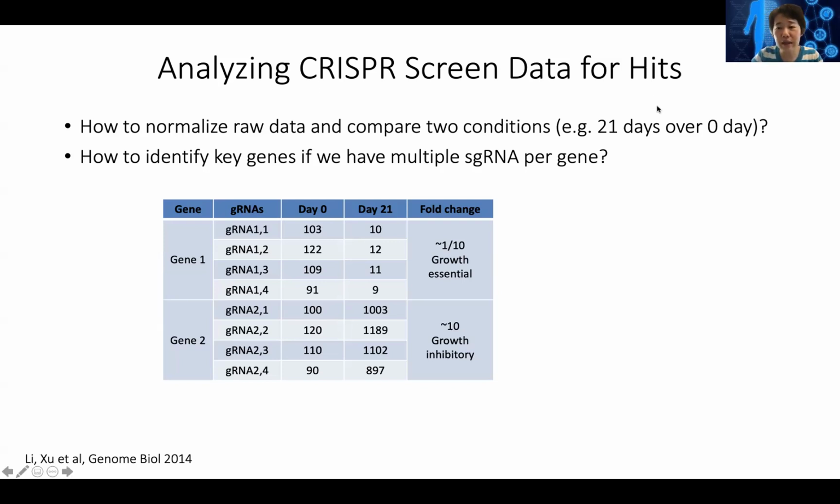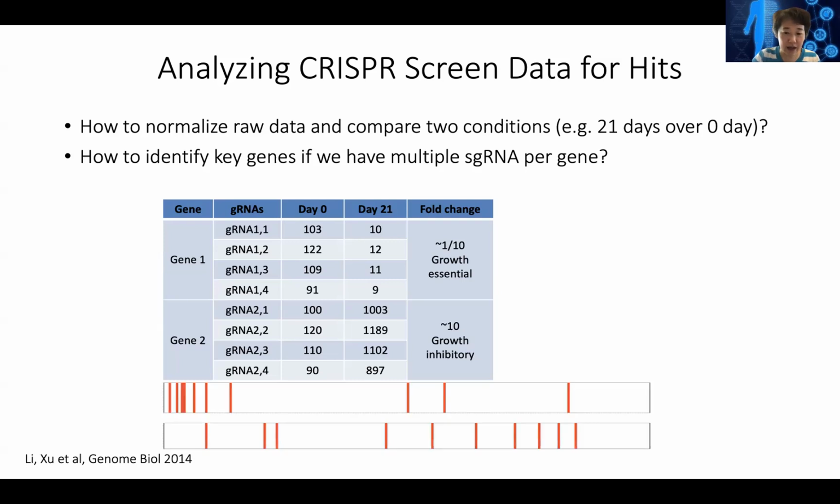And so how do we really analyze the data? In the class homework, we're going to ask you to try out one algorithm that we developed, which has been widely used. It's called MAGeCK. The idea is like this.